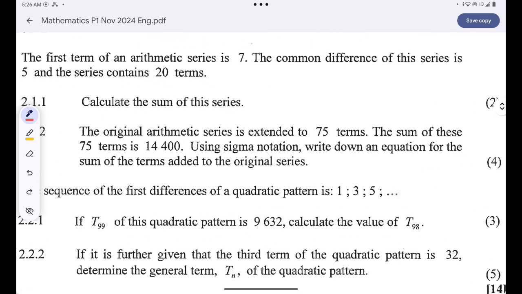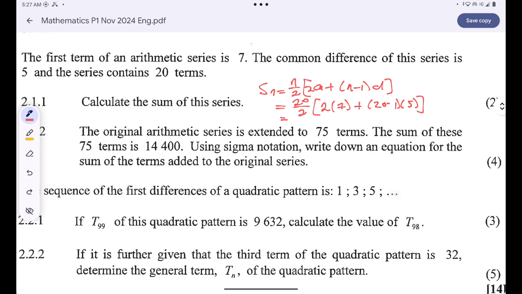We do have a formula that says Sn is equal to n over 2 into 2a plus (n minus 1)d. All I need to do, guys, is to substitute the values of a, n and d. So n is equal to 20, a is equal to 7, that's 20 minus 1, and the difference is equal to 5.